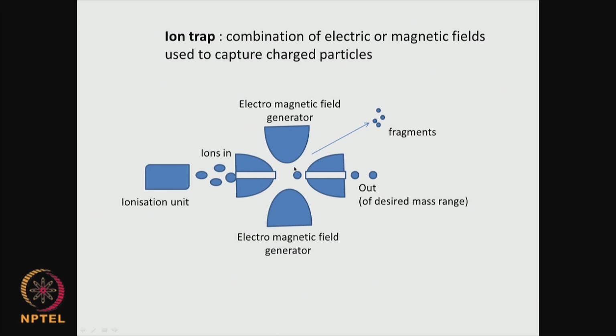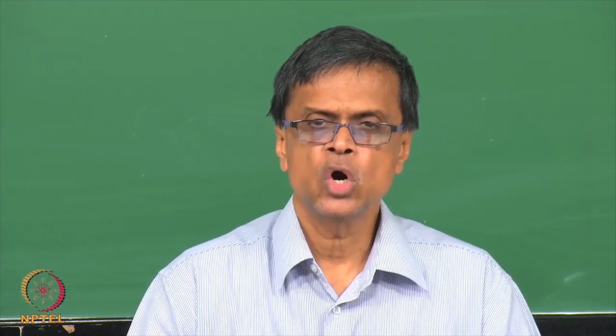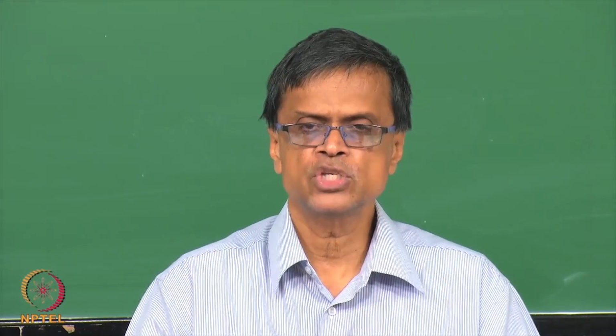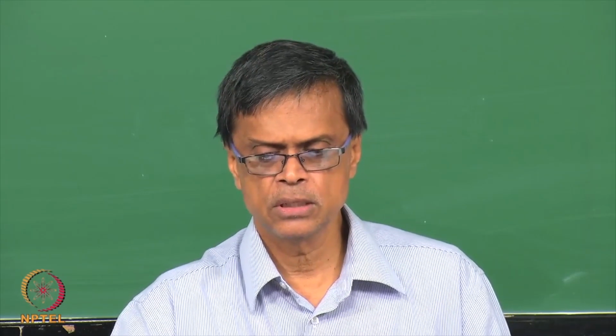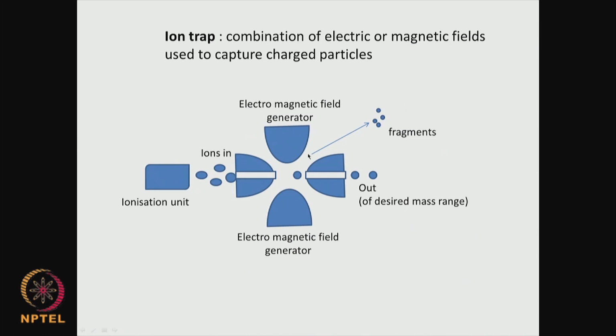Smaller ones are thrown out, bigger ones are bombarded and made into smaller ones, and whatever is trapped comes out in our desired mass range. That is called ion trap. Okay. So, we trap ions of a certain molecular weight which is of our interest. All other smaller ones are removed or ejected, the larger ones are broken into pieces.